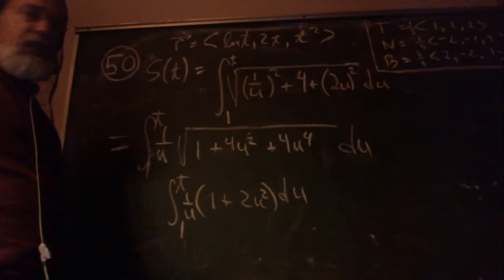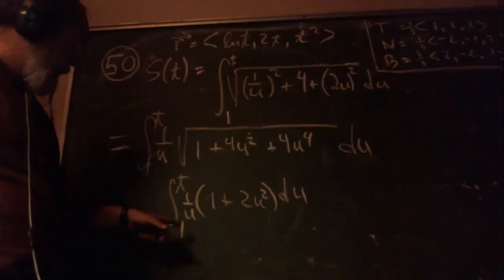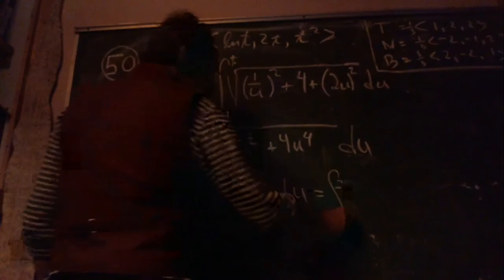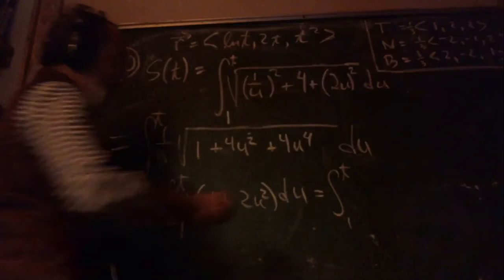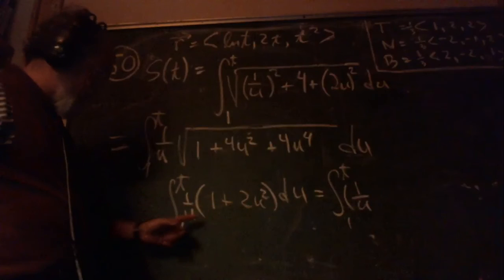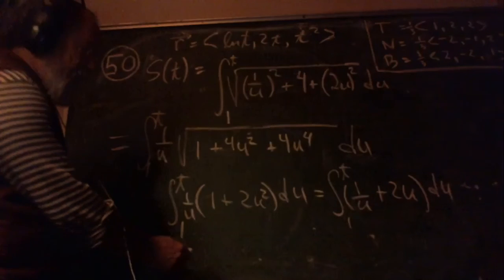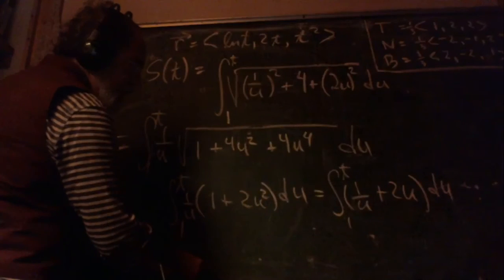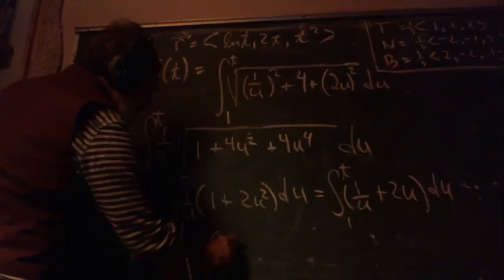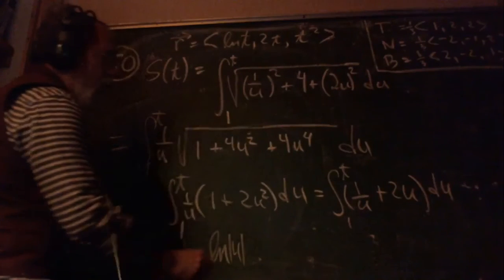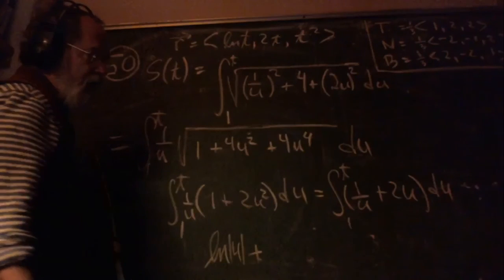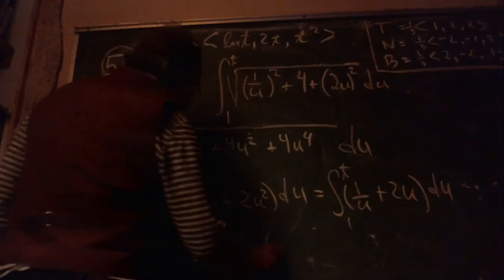How do I do this integral? This is a Calc 2 integral. I can go term by term if I multiply through, because I get 1 over u. I know how to integrate 1 over u. And then 2u squared divided by u is just 2u. I know how to integrate 2u. So my integral ends up being the antiderivative of 1 over u, which is the natural log of absolute value of u, plus the antiderivative of 2u, which is u squared.